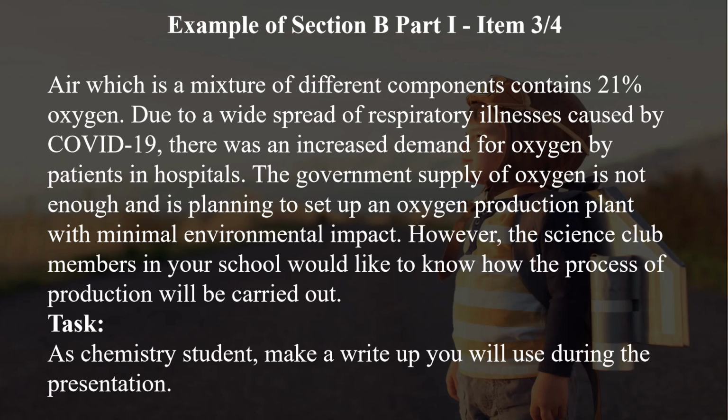Due to a widespread of the respiratory illness caused by COVID-19, there was an increased demand for oxygen by the patients in the hospital. The government supply of oxygen is not enough and is planning to set up an oxygen production plant with minimal environmental impact. However, the science club members in your school would like to know how the process of production will be carried out. As a chemistry student, make a write-up you will use during the presentation.